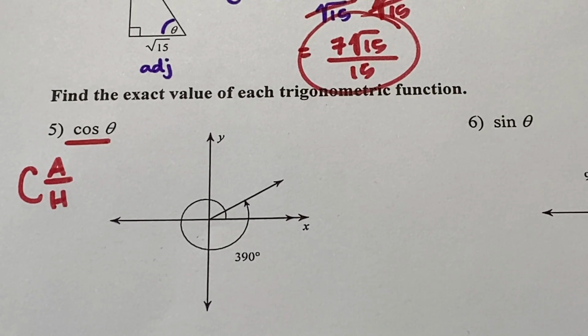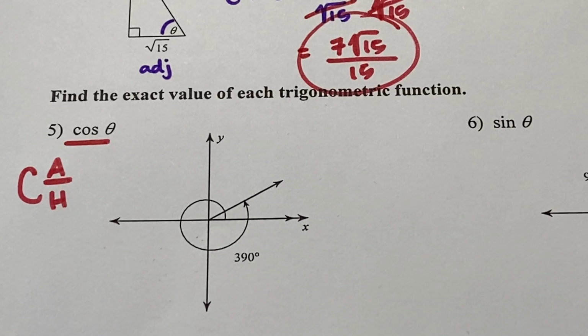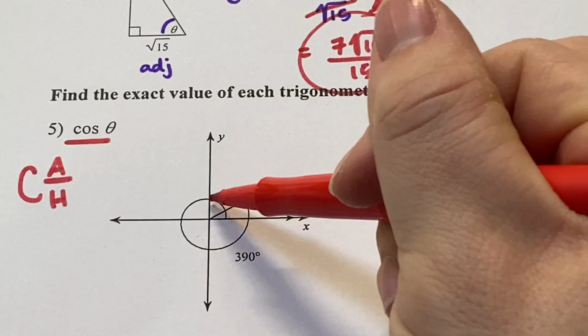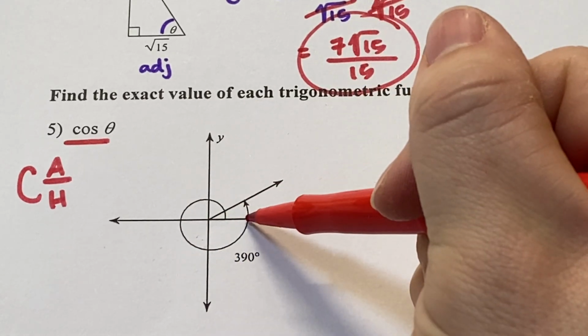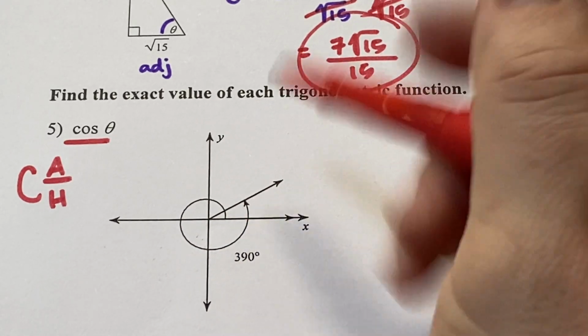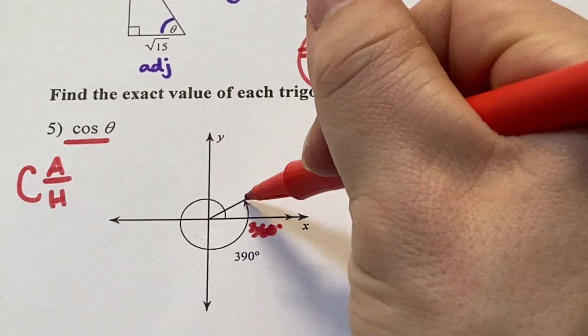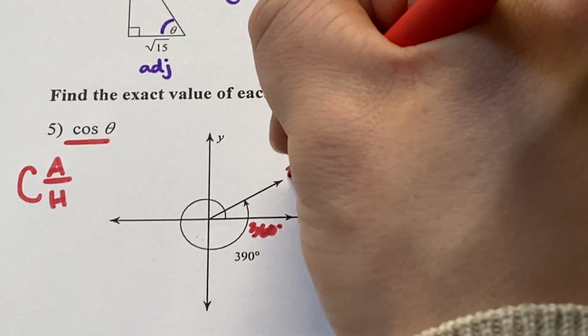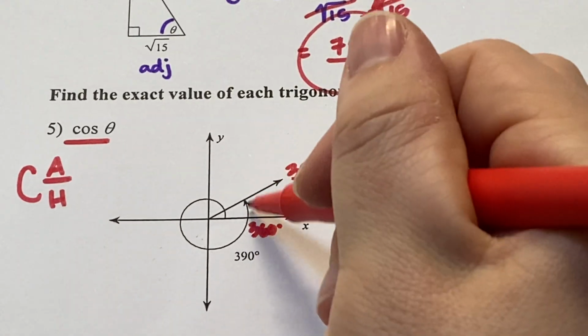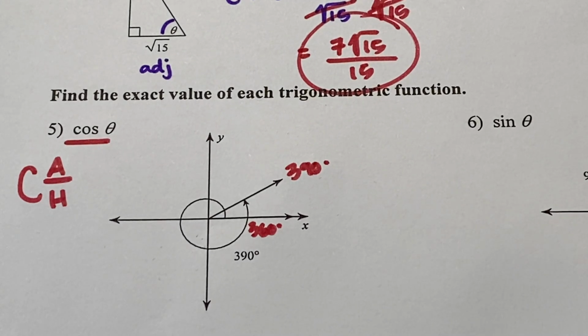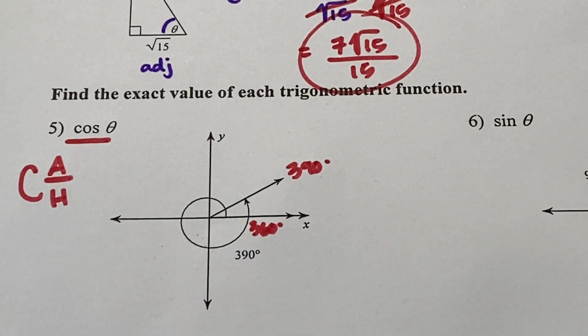Okay, if you'll notice, look at the picture. It's telling you that this is 390 degrees. How many degrees is a full circle? 360. Okay, so if that was 360 degrees, but we want to go to 390 degrees right here, how many more degrees did we go? From 360 to 390. How many more degrees is that, Gabe? 30.